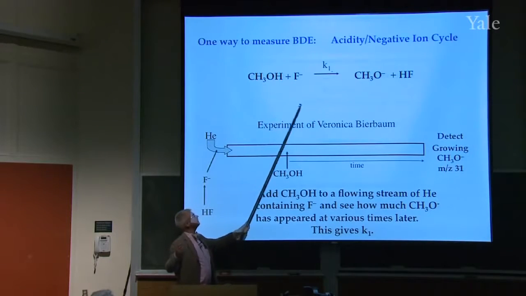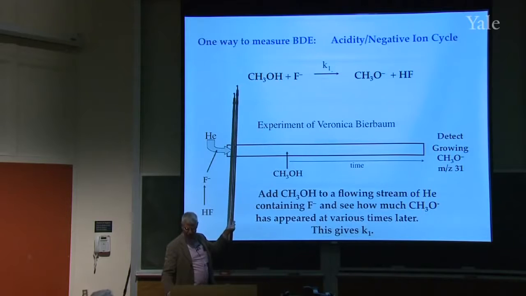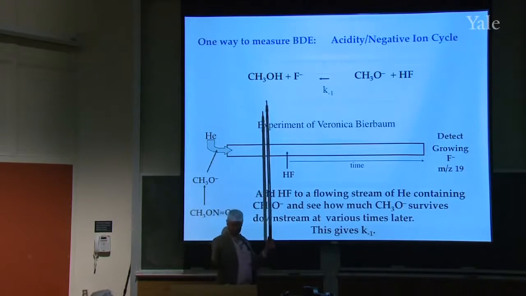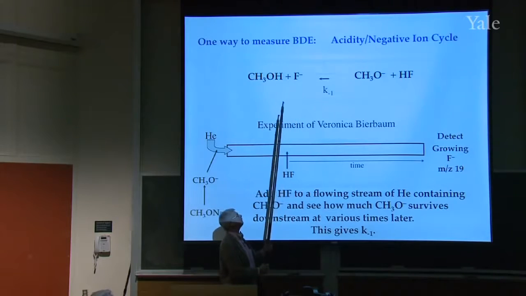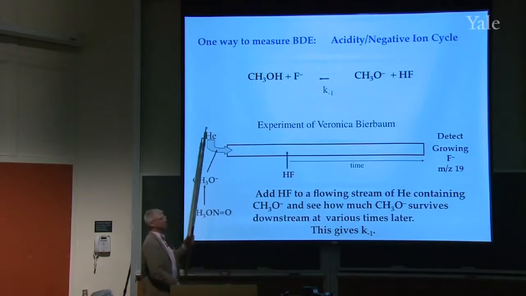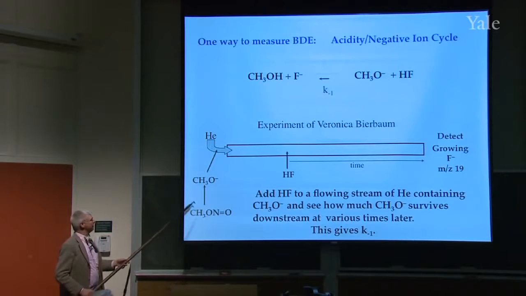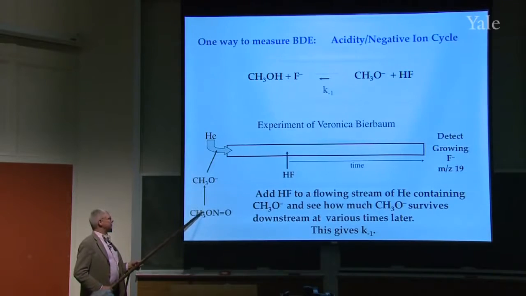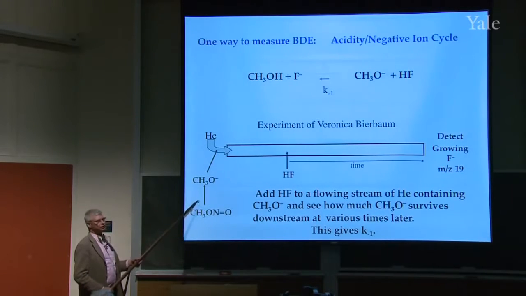One way to do this is to measure the reverse rate. So now you do the reverse of this reaction. You now have to make a vapor of methoxide anions. An easy way to do this is to have electrons interact with methyl nitrite.